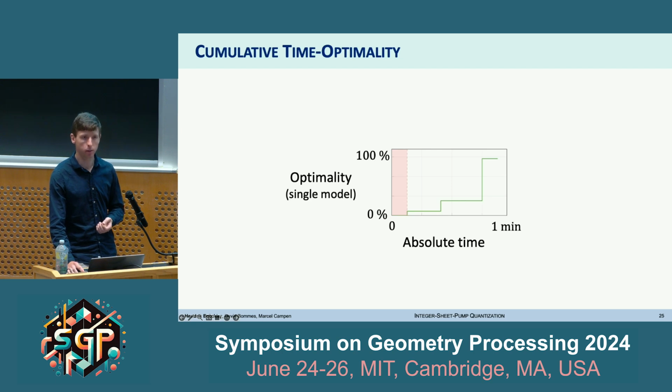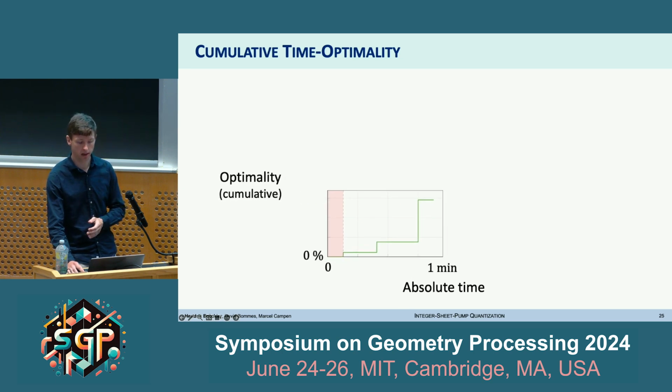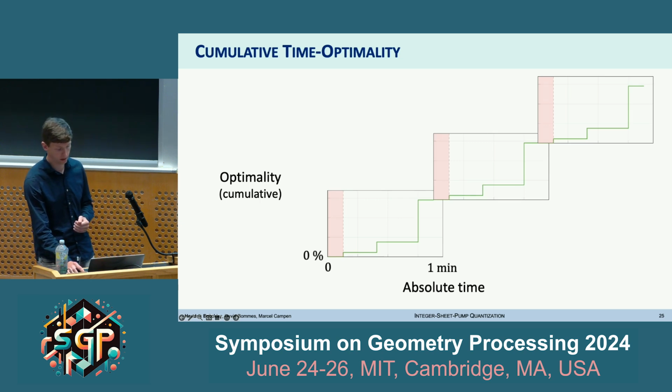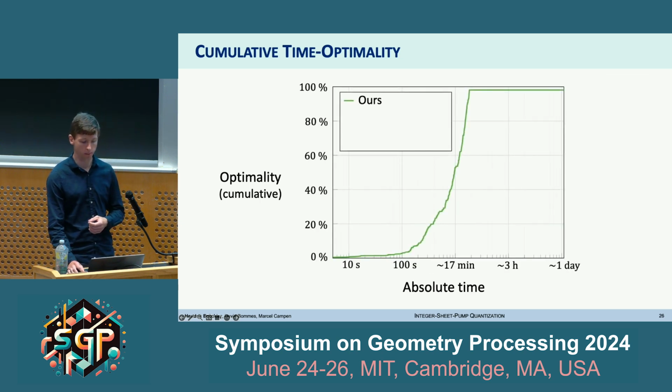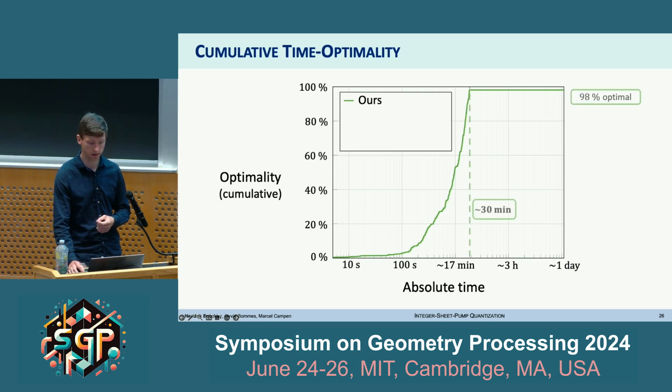For another comparison, we look at the performance of not processing just a single model, but a whole data set sequentially and looking at the accumulated model-wise termination time and optimality. So this is the curve for our method. It takes about half an hour to process the whole data set, and in the end, total optimality is almost 100%.